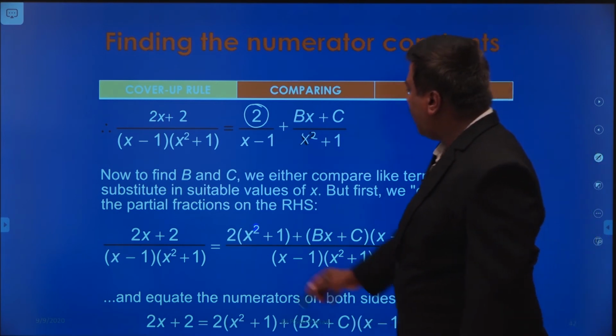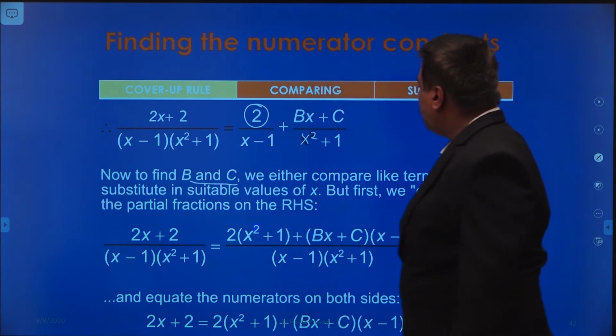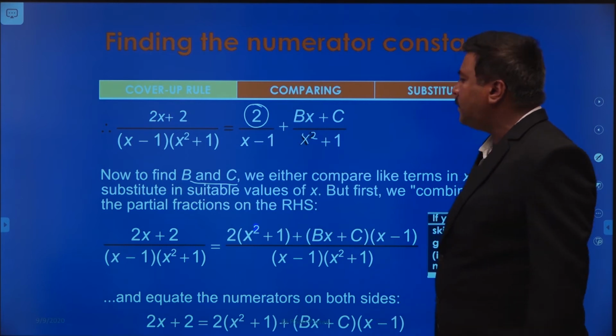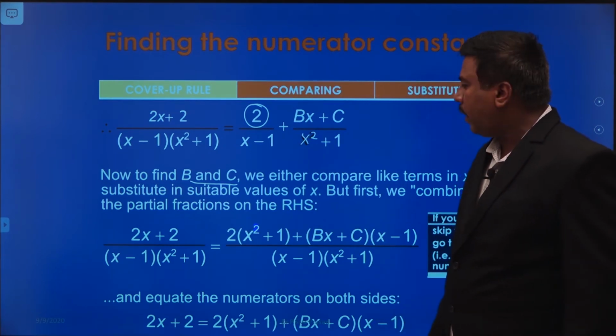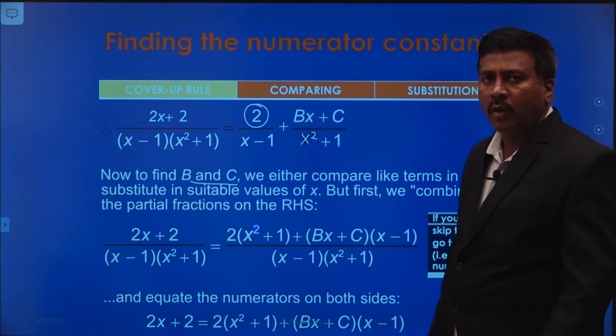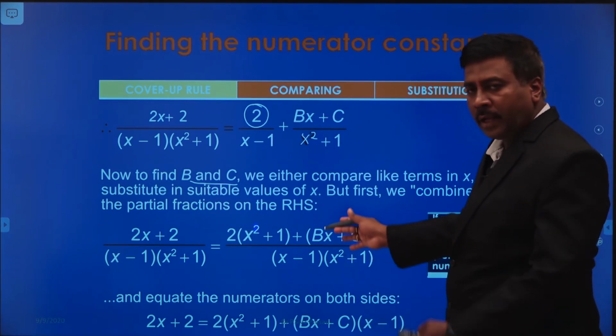Now we want to find the values for B and C. We compare the like terms and substitute the value, then we get the values for B and C. Whatever procedure we followed in the previous problems, the same technique applies here also.